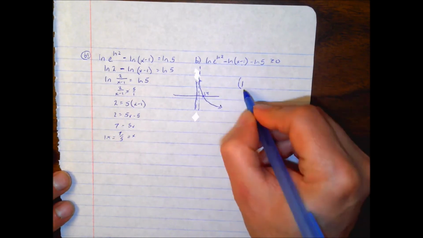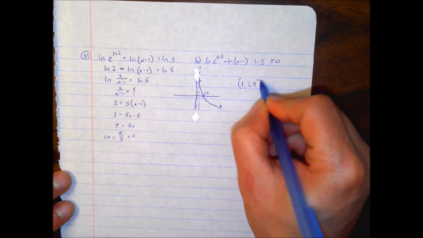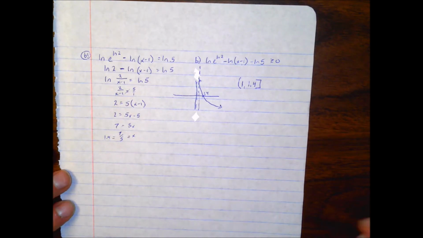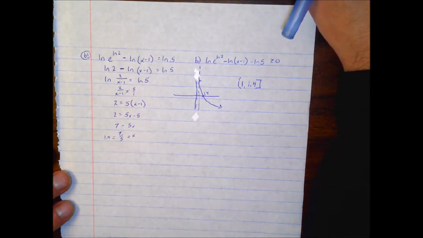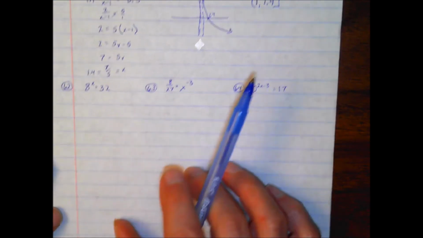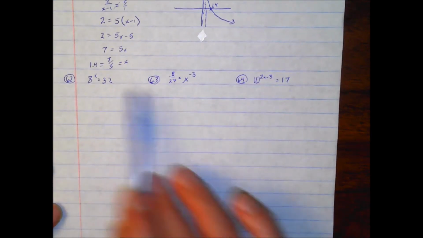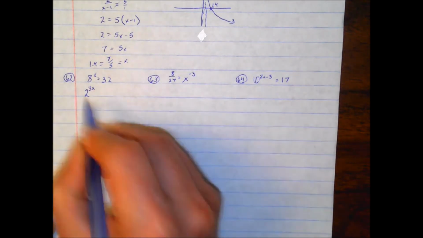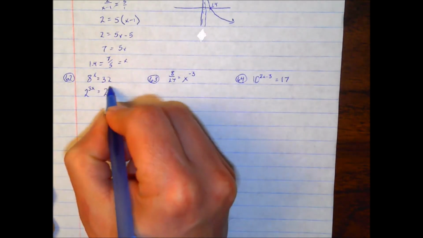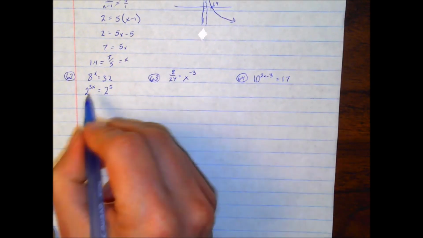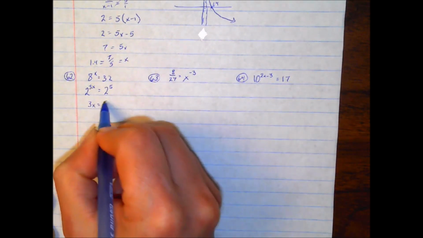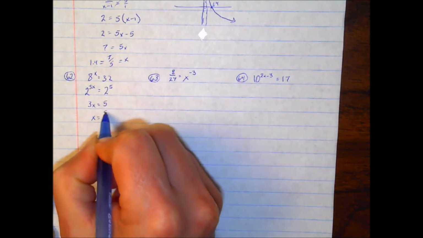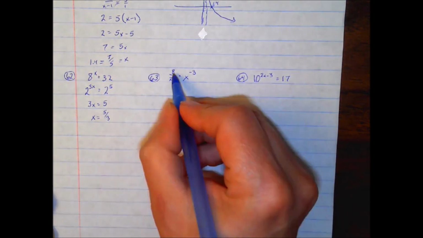I have the same bases, and adding is the same as multiplying. So log of 17 times 10 to the third over log of 10 squared. We could work that out.